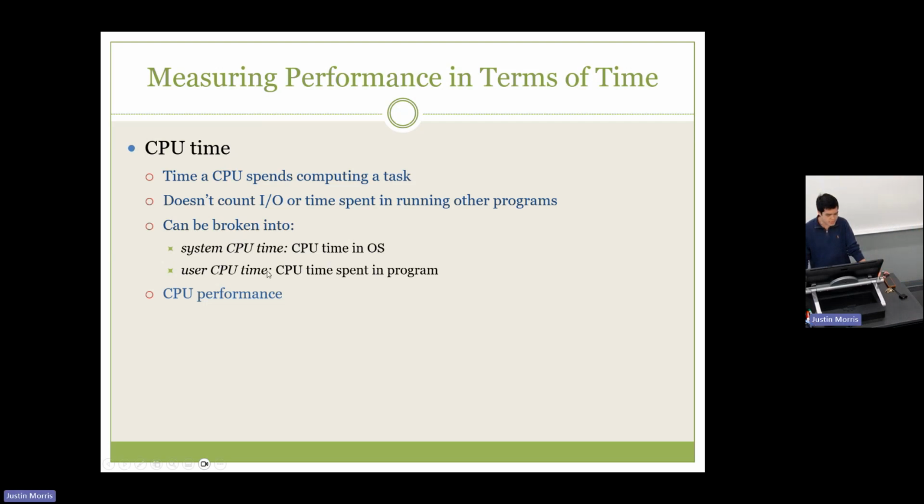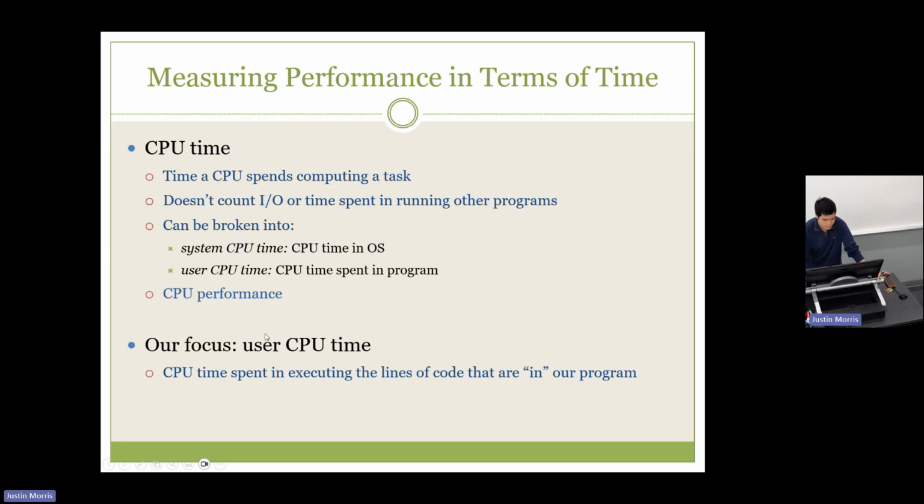And then there's the user CPU time, which is the CPU time spent in the program, which is the CPU time that we're concerned with. We're going to use this time to compare performance across different CPUs with the same program, usually. So again, our focus is user CPU time.